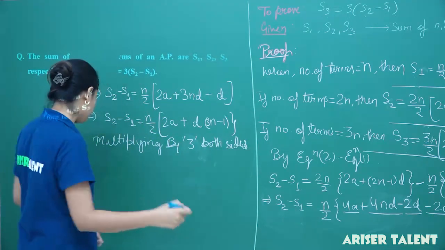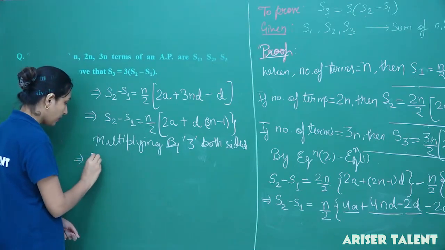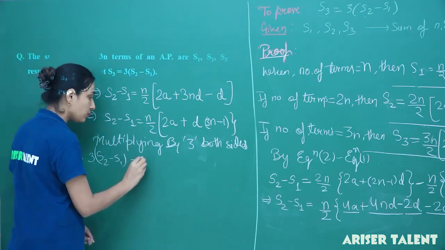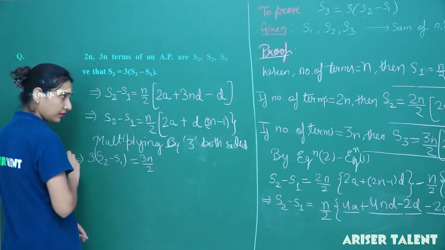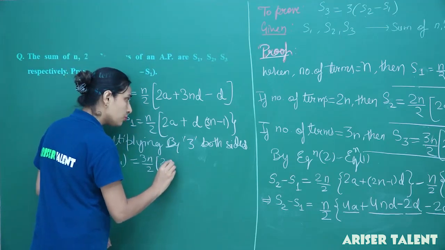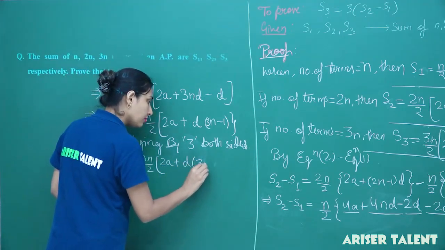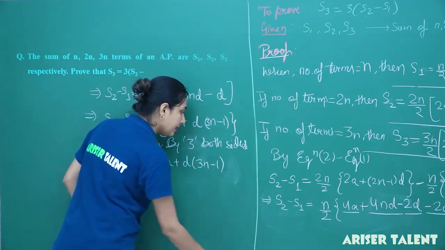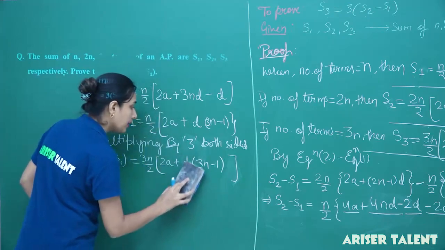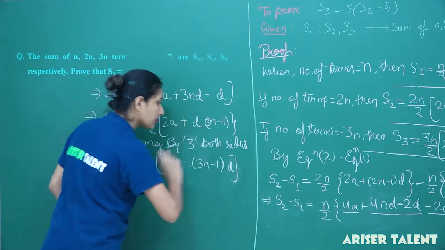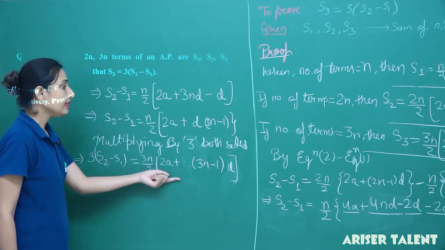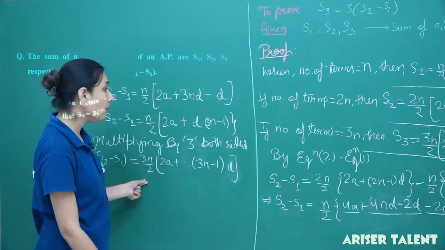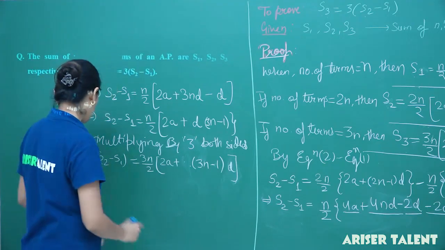What will I have now? That will become 3 S2 minus 3 S1 equals 3n by 2 times (2a plus d (3n minus 1)). Now compare that with that. This is exactly what we have as S3.